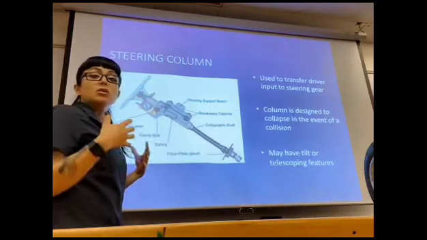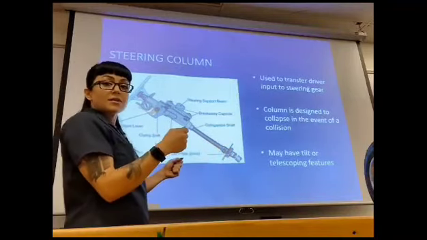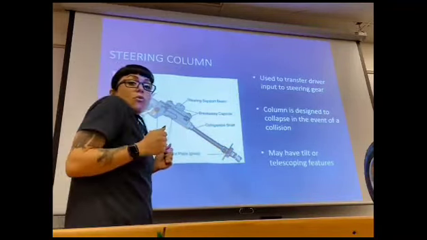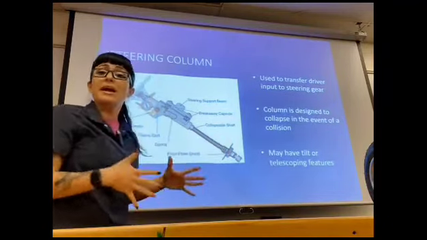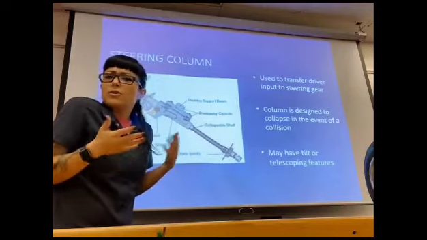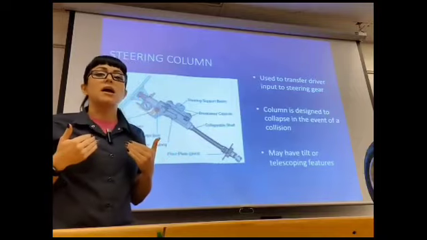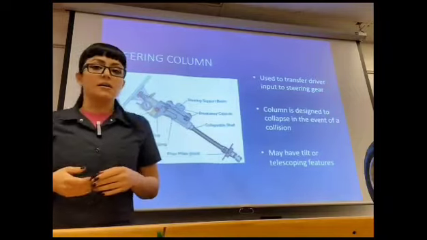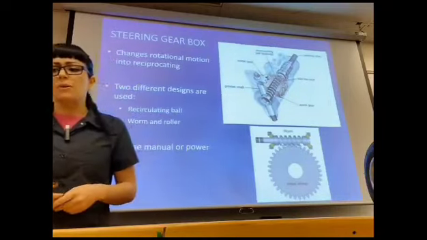So if you're a really large or taller person versus a really short person, you need to get closer to the pedals. Maybe you don't want to be right up on the steering wheel, so you might be able to telescope it so it's further away. Just so you know, it's really not safe for you to be driving all up on the steering wheel. If you get into an accident, there's a pretty nice airbag that's going to come at you, and if you're that close to it, it's not going to feel good. So you may have tilt or telescoping features.